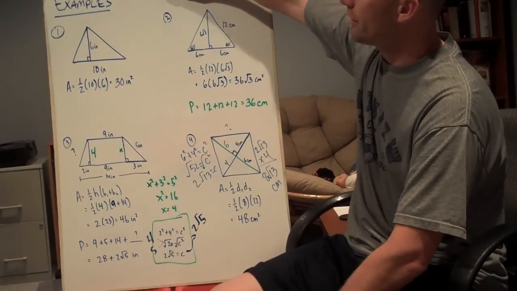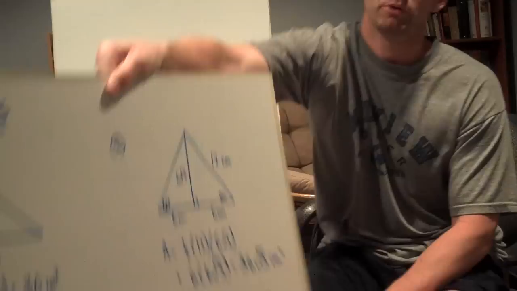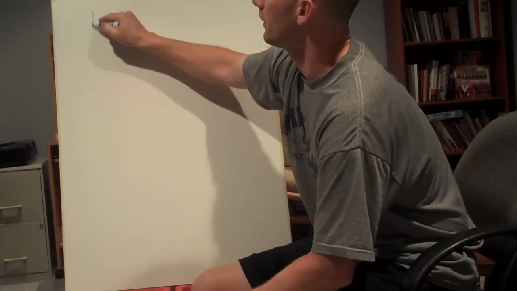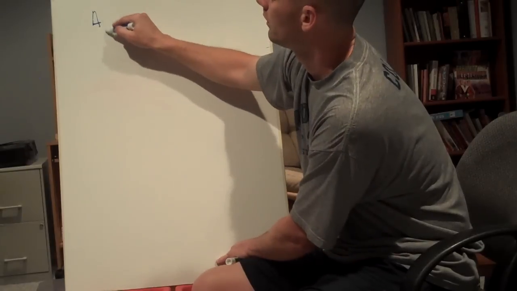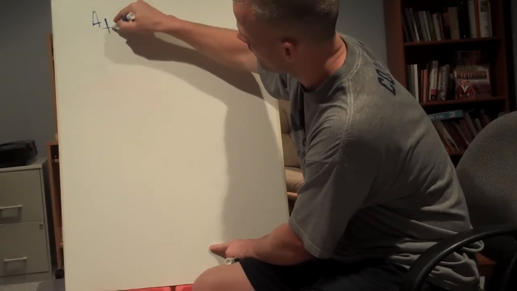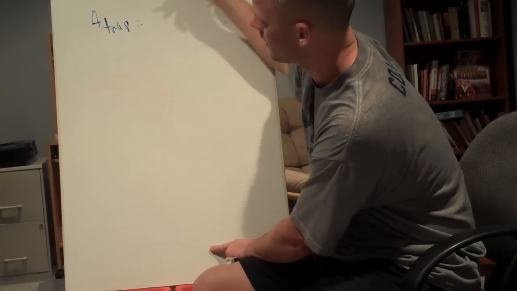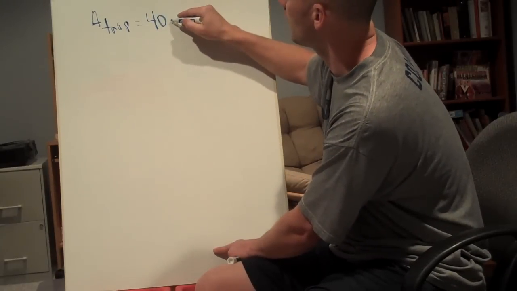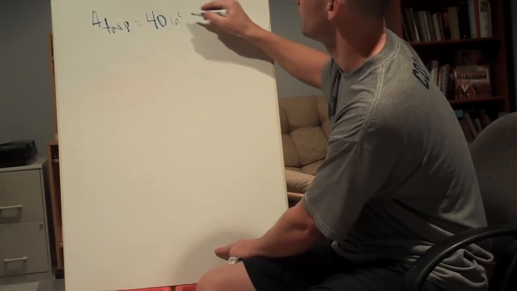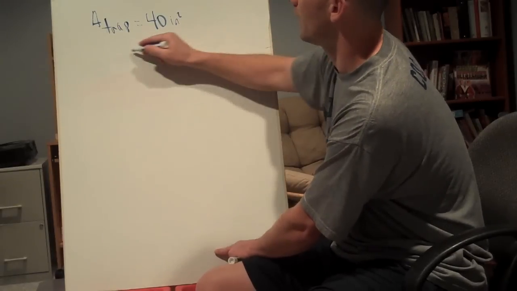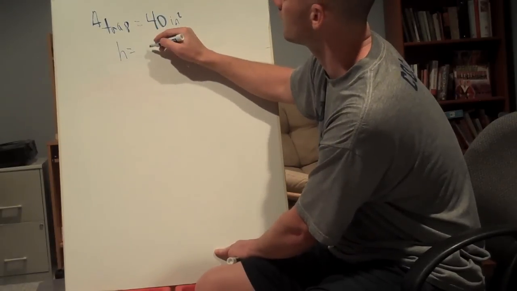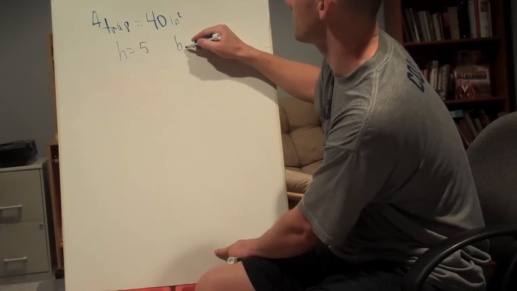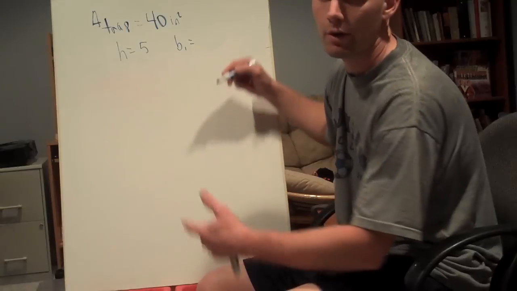Alright. The only other thing that I could really show you would be something like this, where, once again, we're working backwards. If I know that the area of a trapezoid is, I don't know, let's call it 40 square inches. And I know that the height is 5, and I know that one of the bases is, I don't know, give me a number.